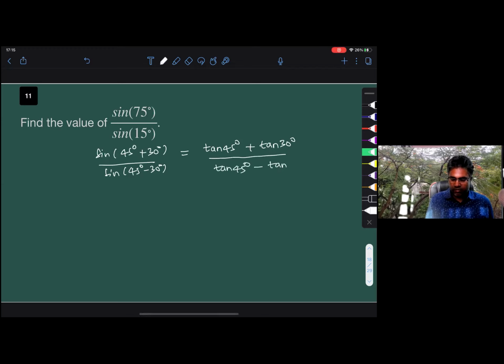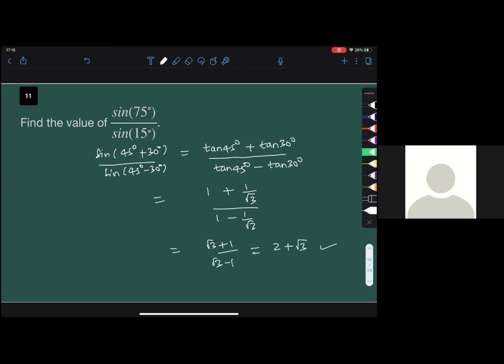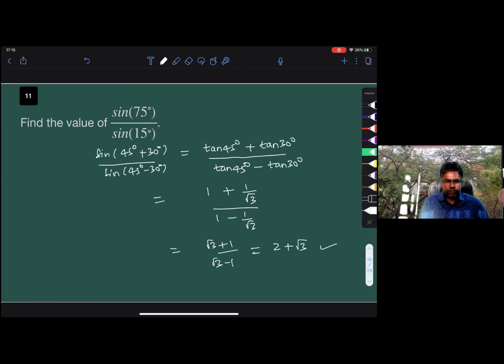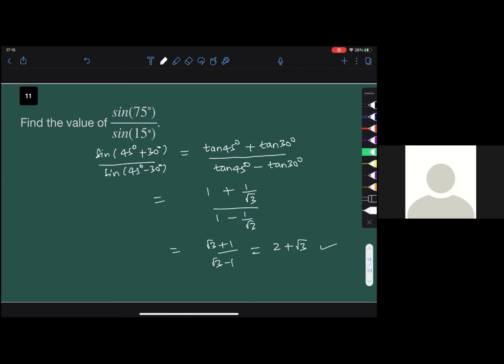So tan 45 is 1, tan 30 is 1 by root 3, so 1 plus 1 by root 3 over 1 minus 1 by root 3. I think we are familiar with this. So this is root 3 plus 1 by root 3 minus 1, which happens to be 2 plus root 3. I'm hoping you guys are okay with this. Yes. Move on.